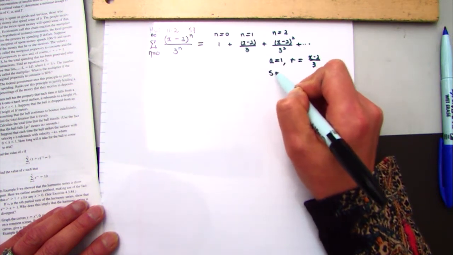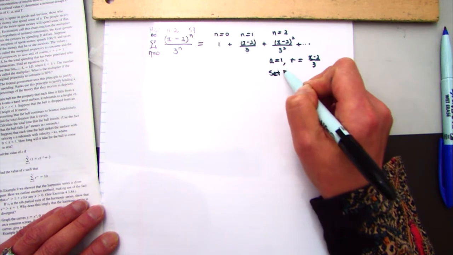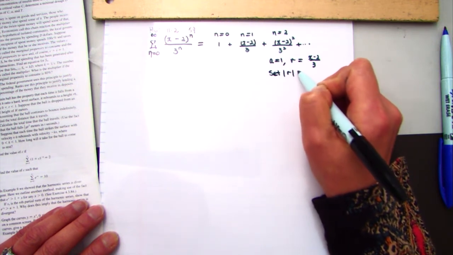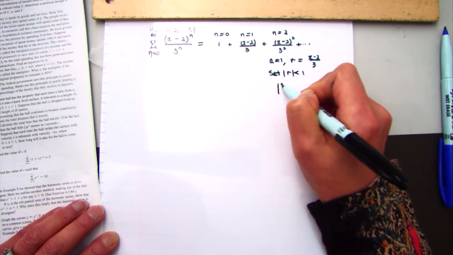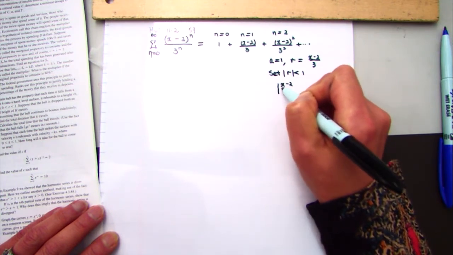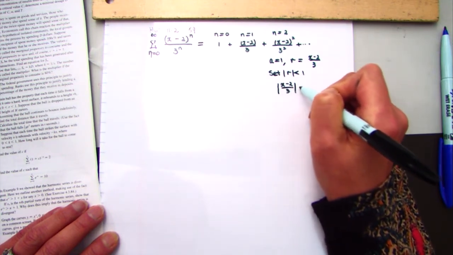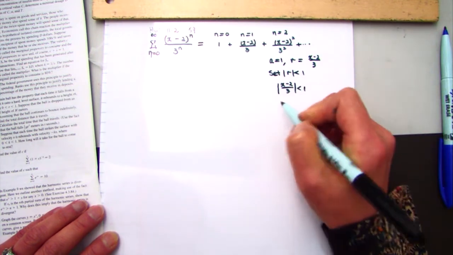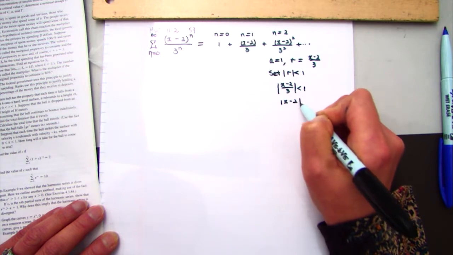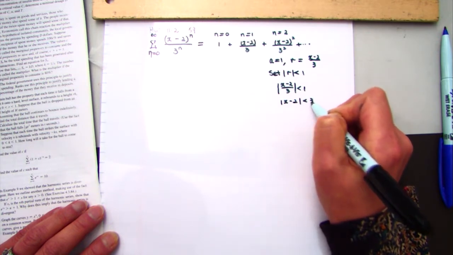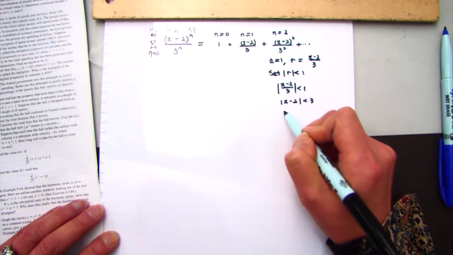Set the absolute value of the ratio to be less than 1. Plugging in our ratio. Let's multiply by 3. Open the inequality.